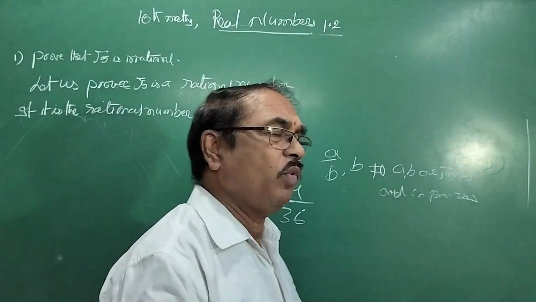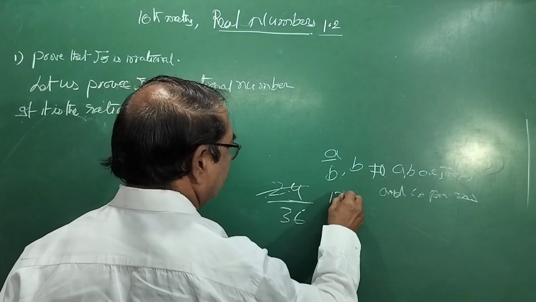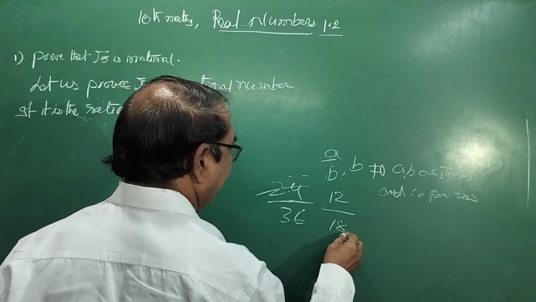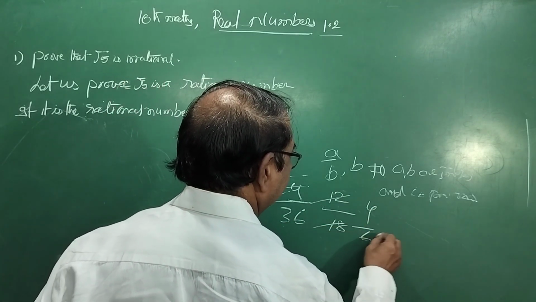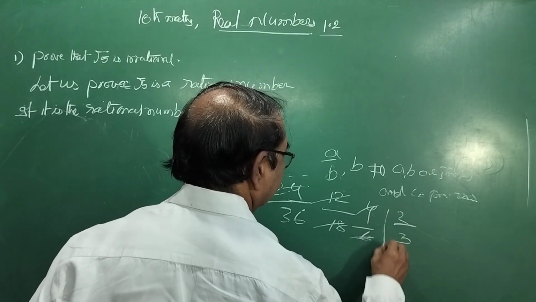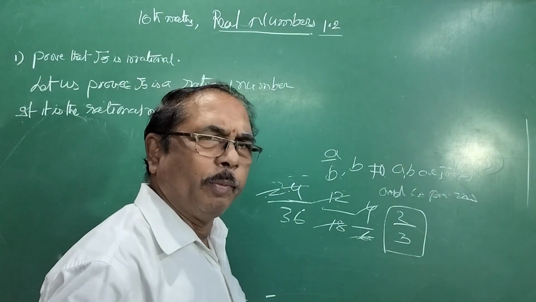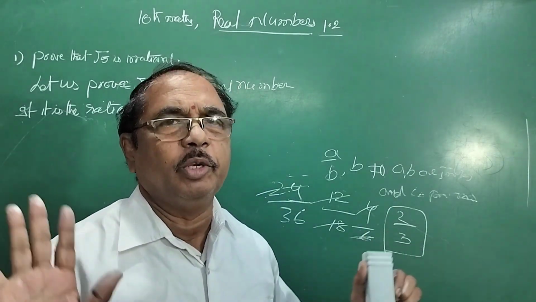Let us see how many times it goes: 2 goes 12 times and 18 times, again 3 goes 4 times and 6 times, again 2 goes 2 times and 3 times. Yes, 2 by 3. The simplest form, 2 by 3, is co-prime. In 2 and 3, no common factor is there.